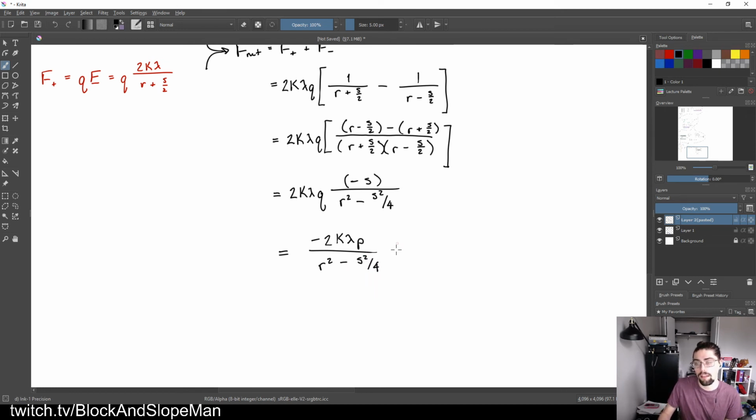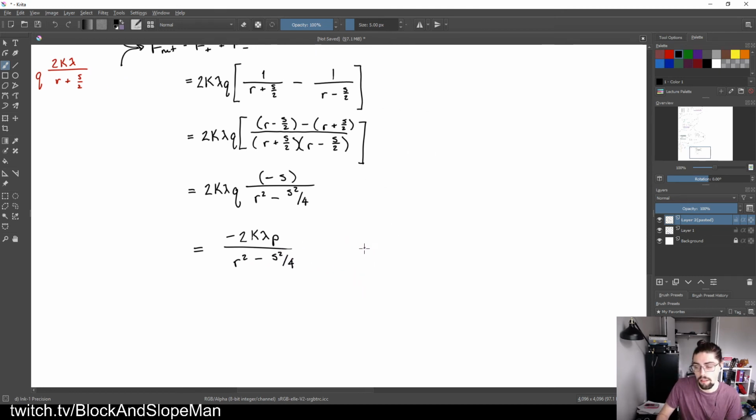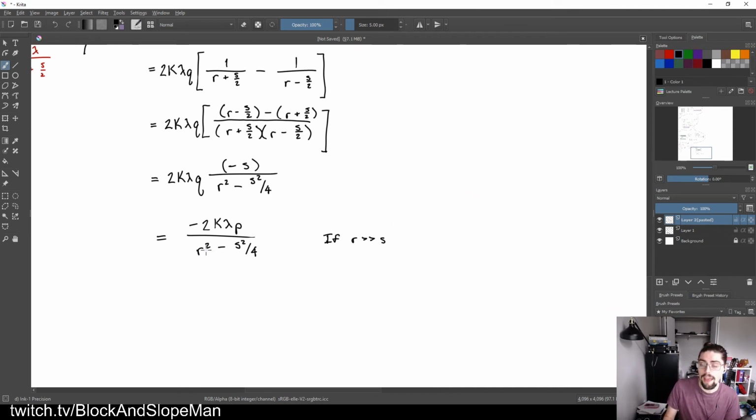But we say if R is much, much greater than S, not just greater than, but much, much greater, right? At least an order of magnitude difference, but hopefully more, then S squared over 4 is really not a big enough difference to matter. I can neglect that term and come down to the force being approximately negative 2k lambda P divided by R squared.